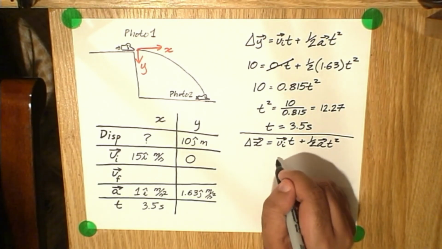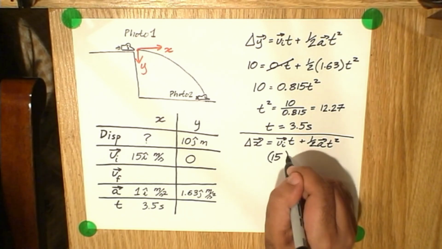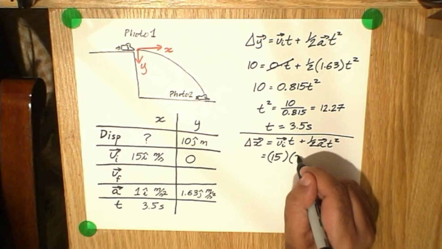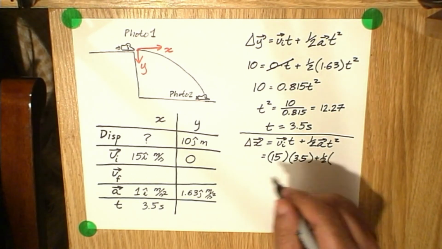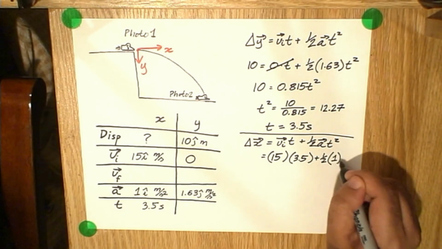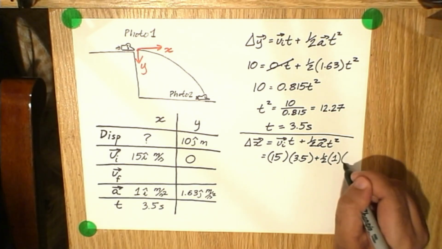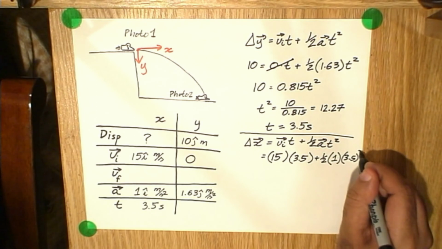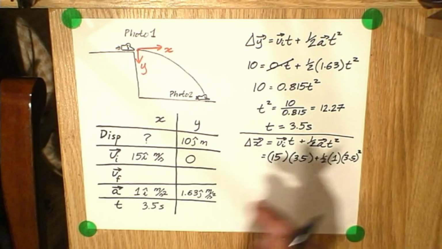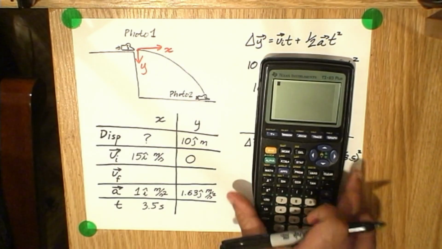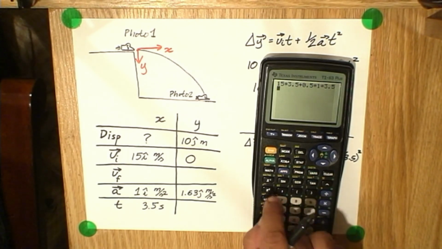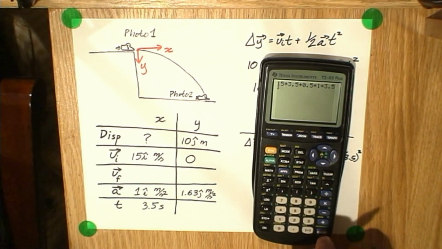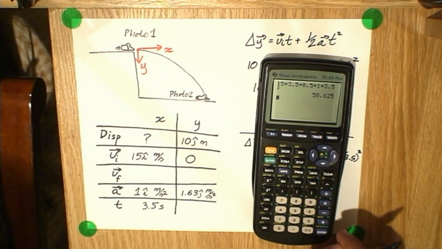So, v initial, 15, times time, 3.5, plus half times acceleration, 1, times time squared. 15 times 3.5 plus half times 1 times 3.5 squared is 58.625.